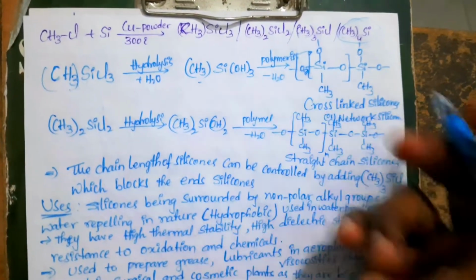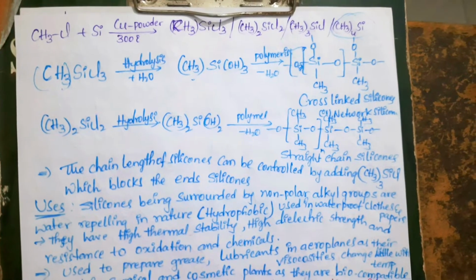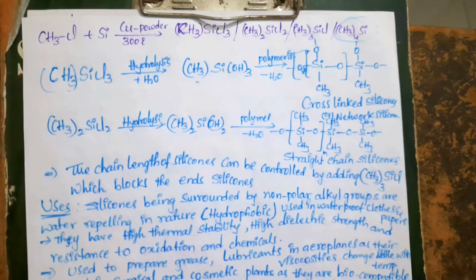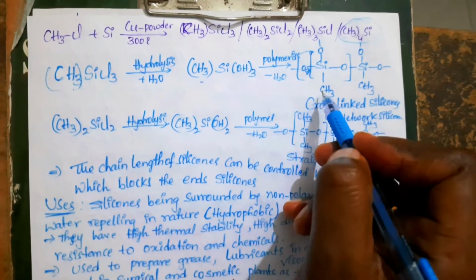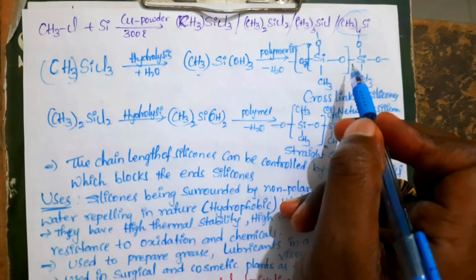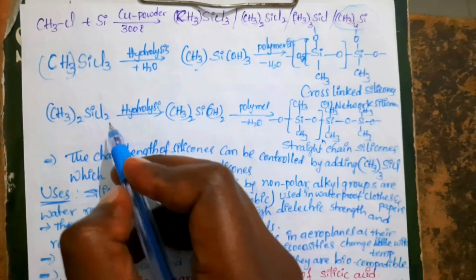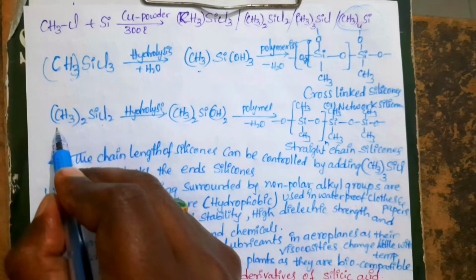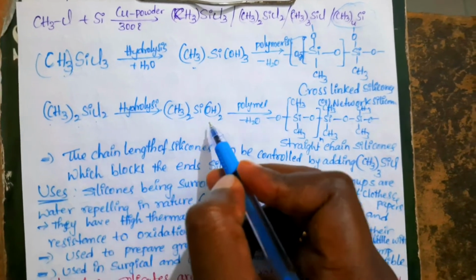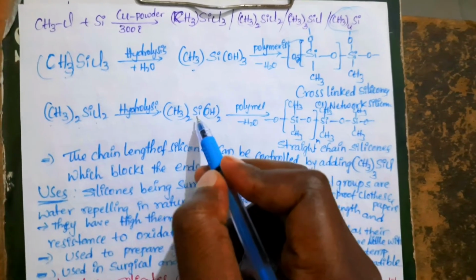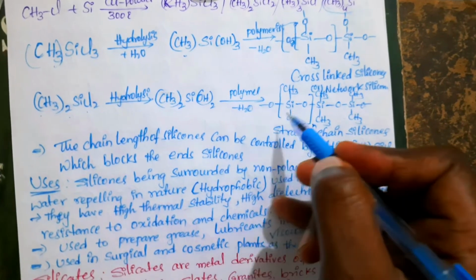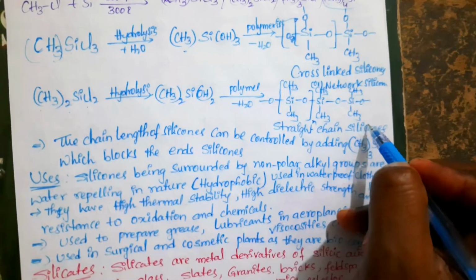This trihydroxysilane on polymerization gives cross-linked silicones, also called network silicones. If it is dichlorodialkylsilane, on hydrolysis we get dihydroxydialkylsilane, which on polymerization gives straight chain silicones.